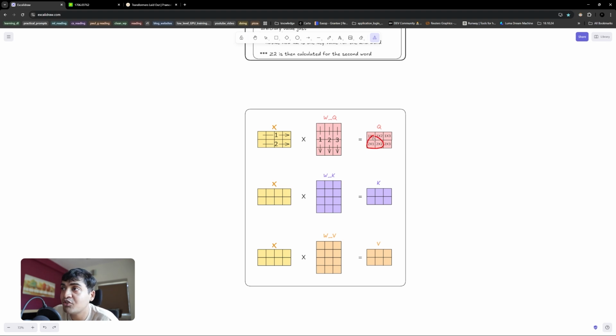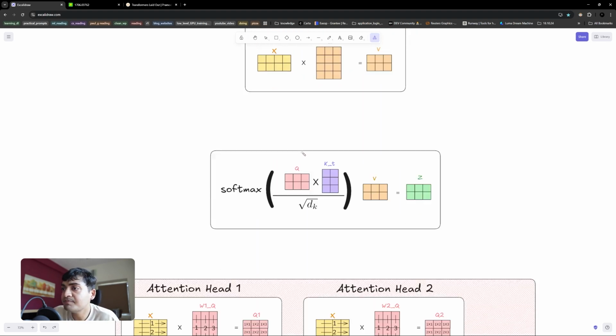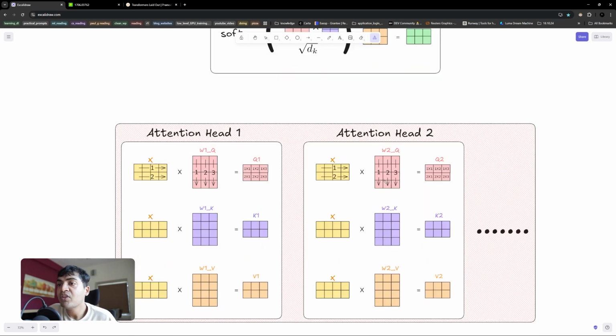So the Q matrix, K matrix, and V matrix. If we follow the same steps, we have our attention score Z. So Q multiplied by K transpose divided by square root of dk, softmax of that multiplied by V, and we get the Z value. So this was just one attention head.